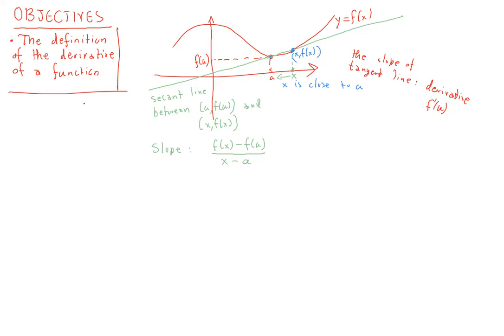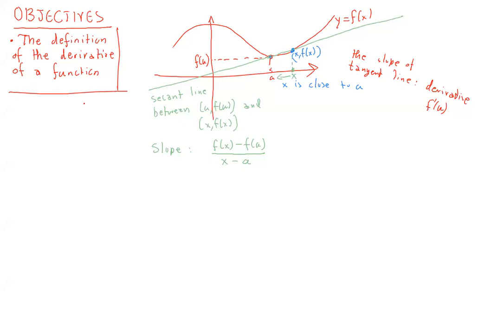But the point to make here is that as x approaches a, the secant turns, and eventually we envision it to become the tangent. It's not going to become the tangent at any point of this process, but eventually we feel that as the secant turns, the tangent will emerge.